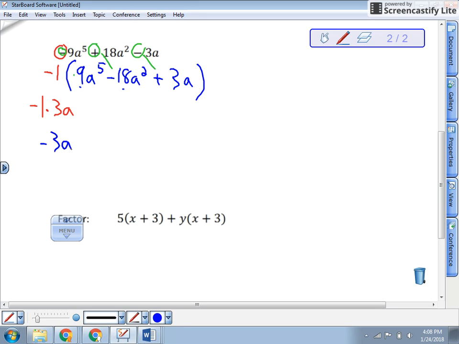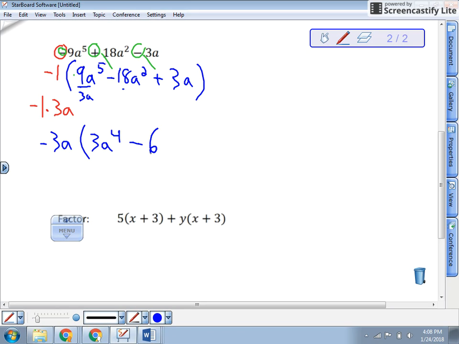What's left on the inside? Well, I took out 3a from this 9a to the 5th. Some people say you think of it as dividing by 3a. Or just think of it as 3a times what is 9a to the 5th? Well, that's going to be 3a to the 4th. We've got the minus. 3a times what is 18a squared? That's 6a.